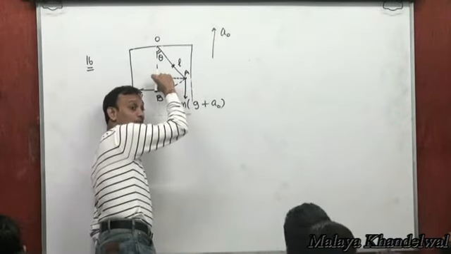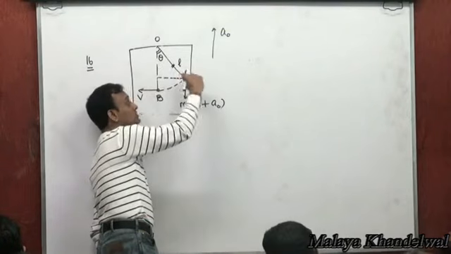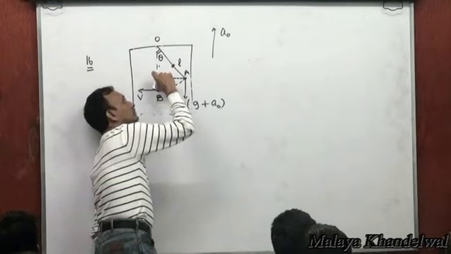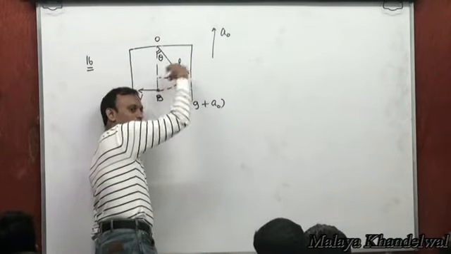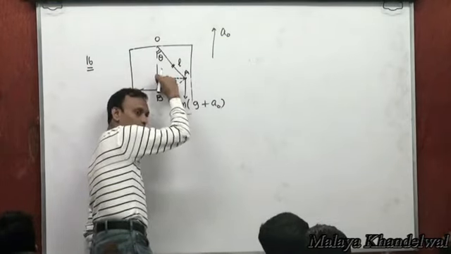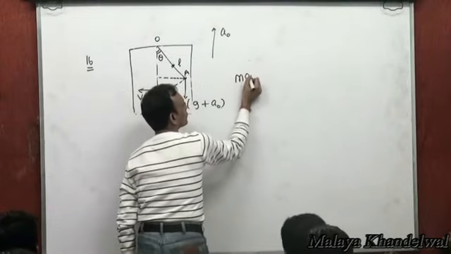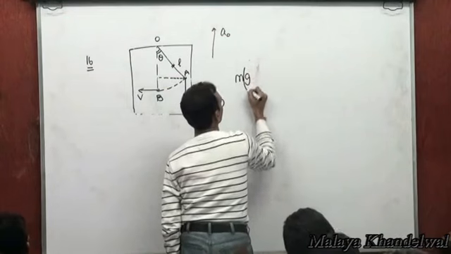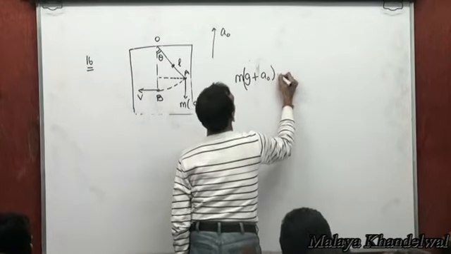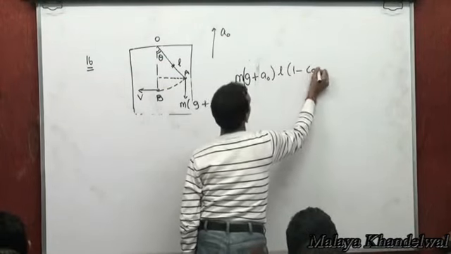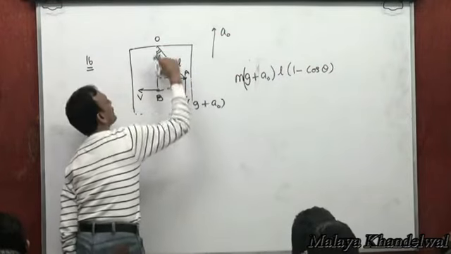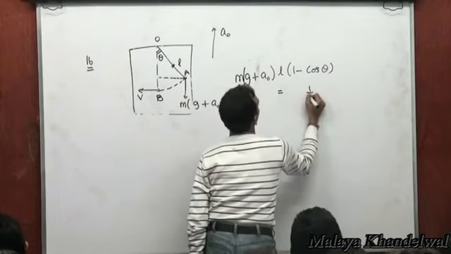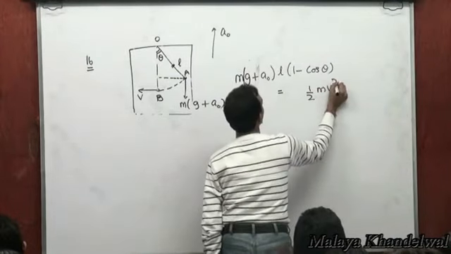That's going to be the work done by gravity and the pseudo force: force in this direction, real plus pseudo, into this displacement in the direction of the force. That will give me the work done, m g plus a naught, L into 1 minus cos theta, the loss of height. This is L cos theta, L minus L cos theta, and this must be equal to, from work energy theorem, half mv squared.